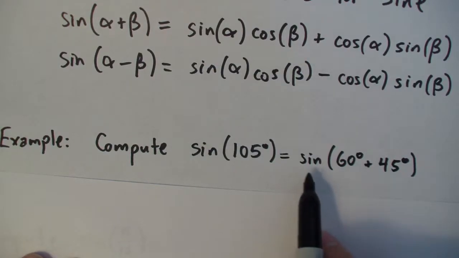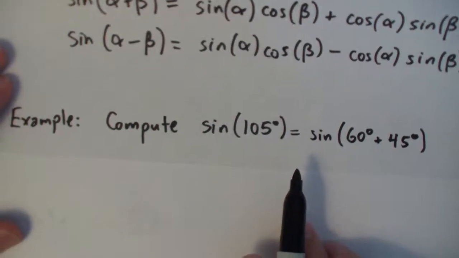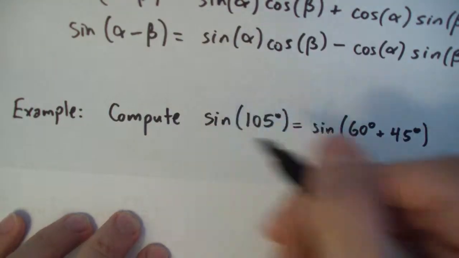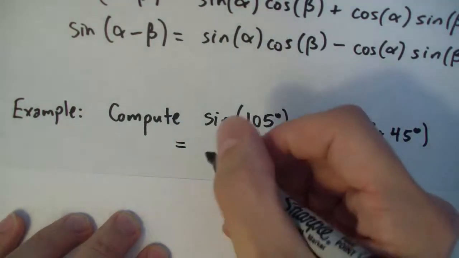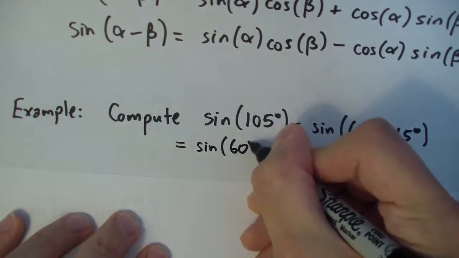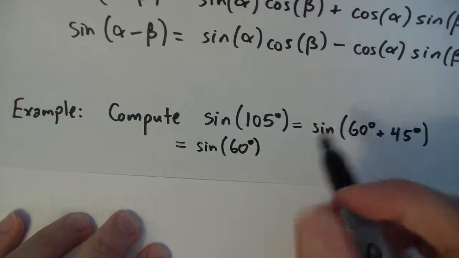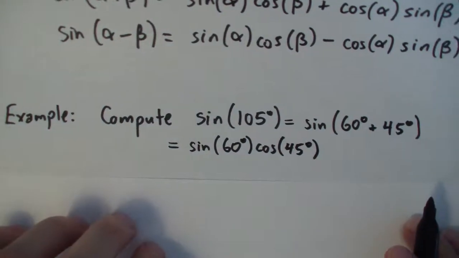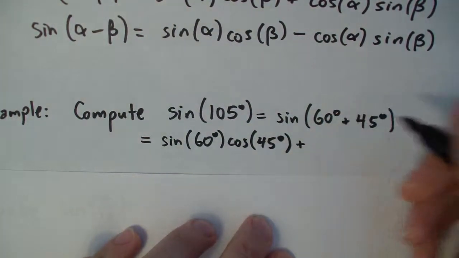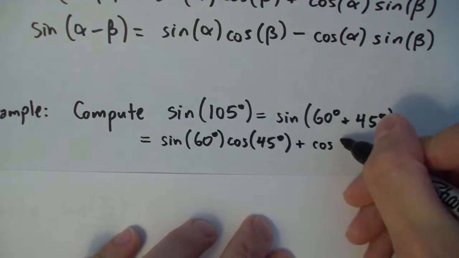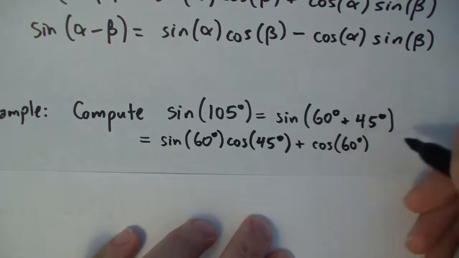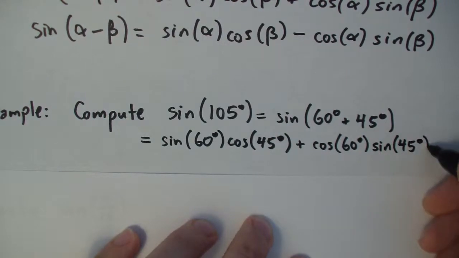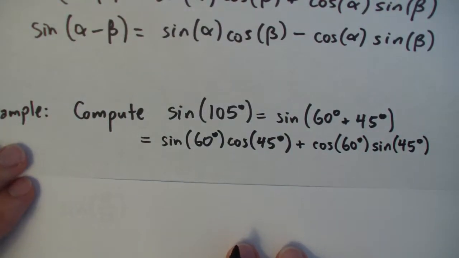And so having expressed this as sine of a sum of angles that we know, we can now use our sum identity for sine to write this as sine of the first angle, sine of 60 degrees, times cosine of the second angle, cosine of 45 degrees, plus cosine of the first angle, cosine of 60 degrees, times sine of the second angle, sine of 45 degrees. And again, we know all of these values, so we can compute these.